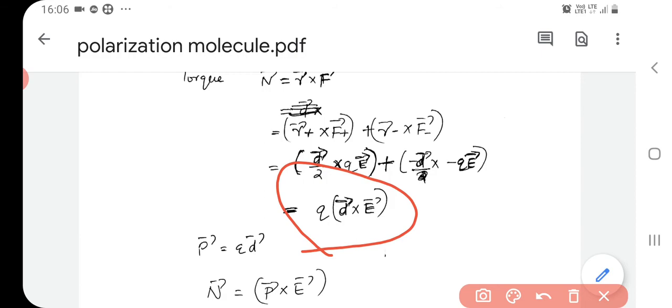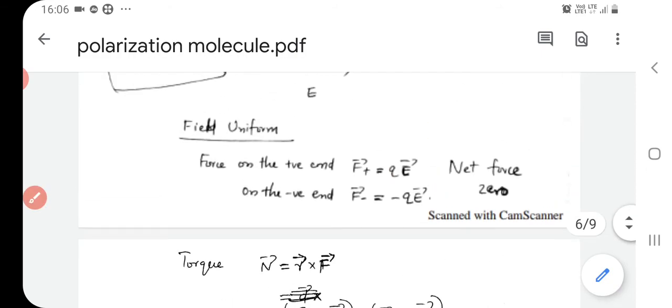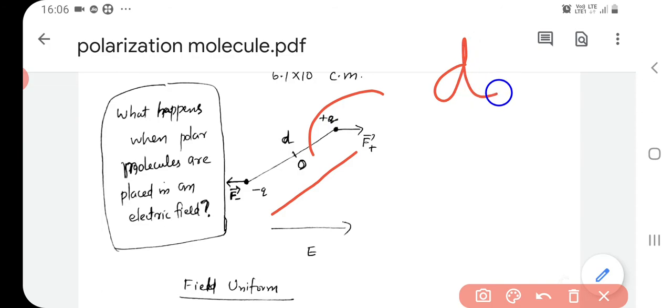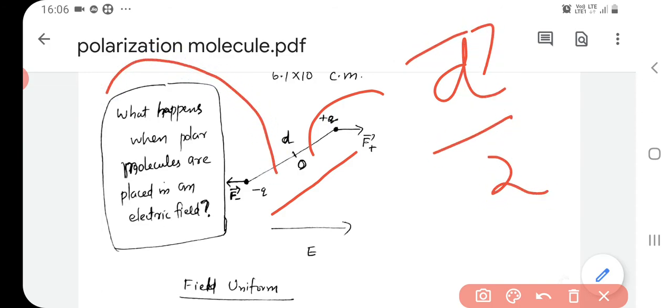You know why we are taking R plus as D by 2? Because the distance from minus Q to plus Q is D. So this distance is D by 2, and this distance is minus D by 2, with respect to this origin.